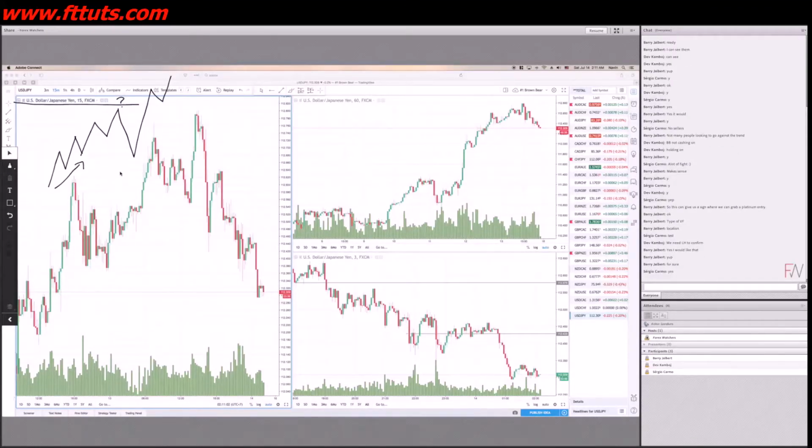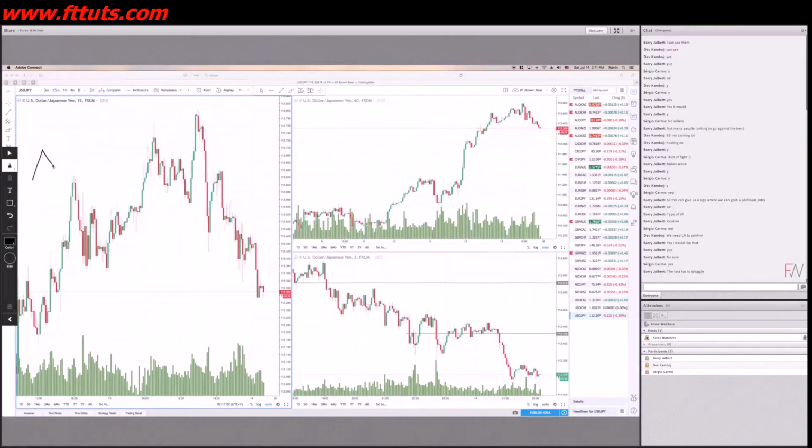What we're looking at in terms of identifying when the turn is officially happening is that after your V, you must have chop.